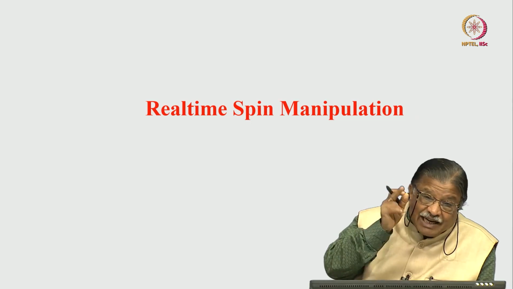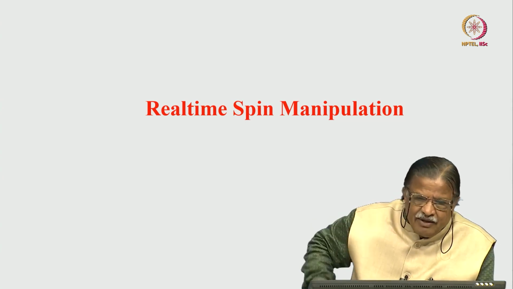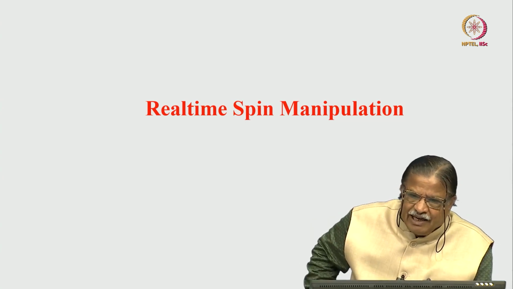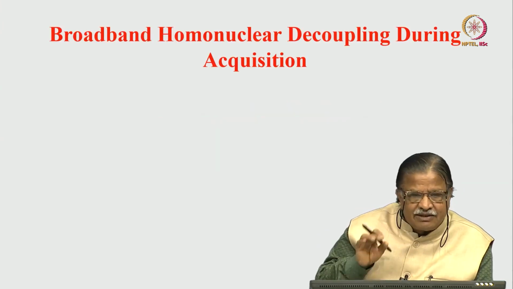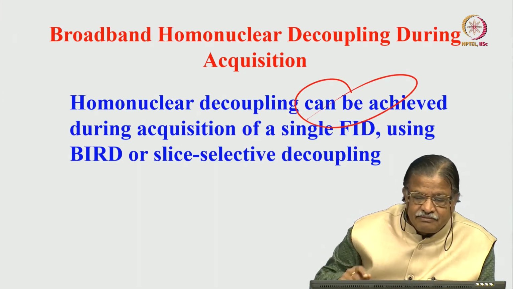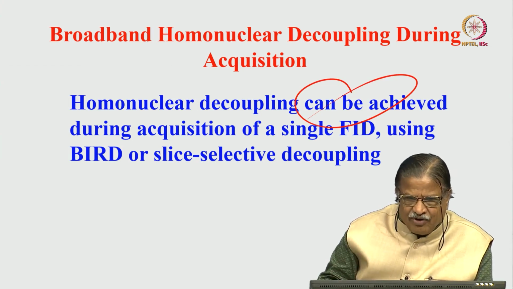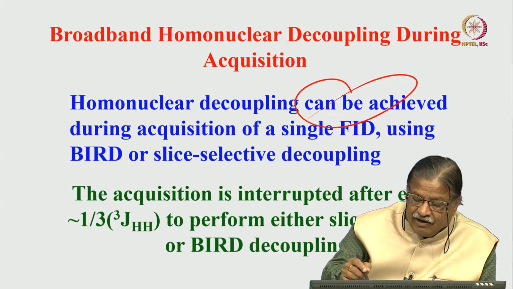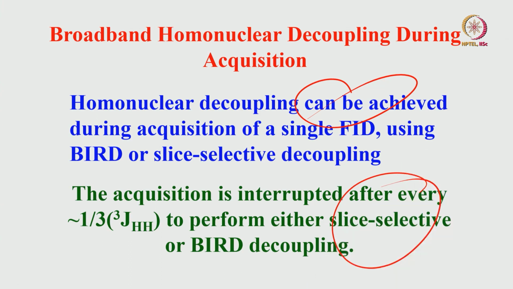The other, as I told you, is the real time spin manipulation. Of the two ways of doing it, I can do it in the indirect way or with spin manipulation in the direct dimension. How do you do the real time spin manipulation? It's a very easy way. I can do the homonuclear decoupling by using BIRD or some single-frequency pulse, some J refocusing, and the acquisition is interrupted after every little interval, and we can perform either selective or BIRD decoupling while acquiring the signal.